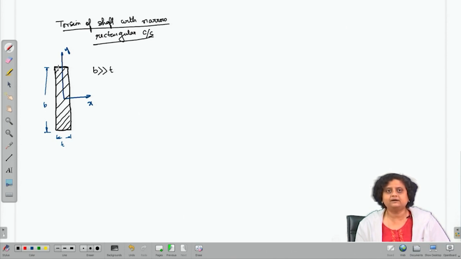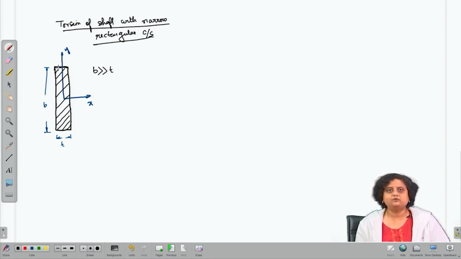Let us consider a thin membrane which is of the shape of this thin rectangular cross section with one side as B and the other side as T. Now, let us imagine all the forcing and boundary conditions on the membrane as we have discussed earlier. Imagine how the deformed shape of the membrane is going to look.